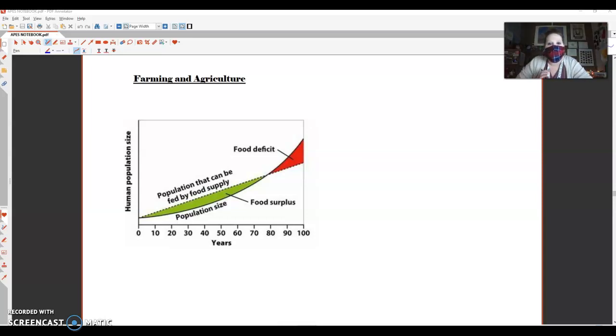Hey everybody, we're going to continue on in Unit 5 and conclude this unit with farming and agriculture. With farming and agriculture, there's a lot of different components that we have to take into consideration.